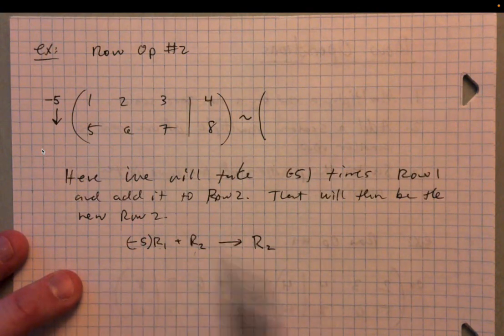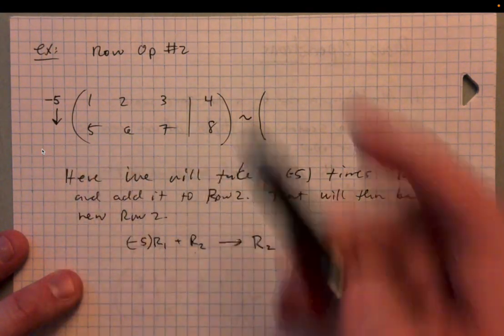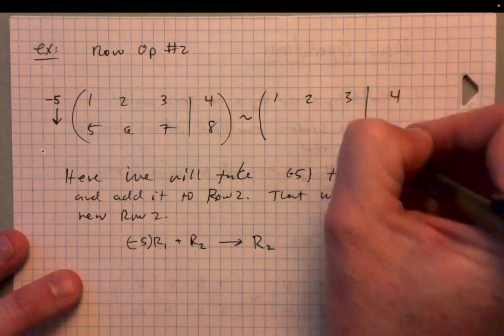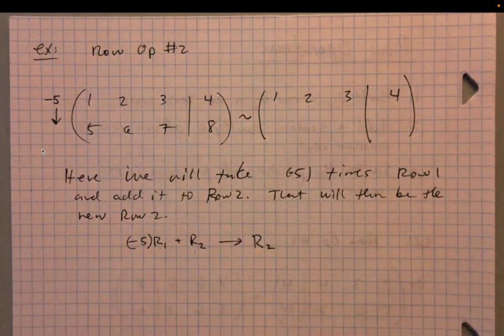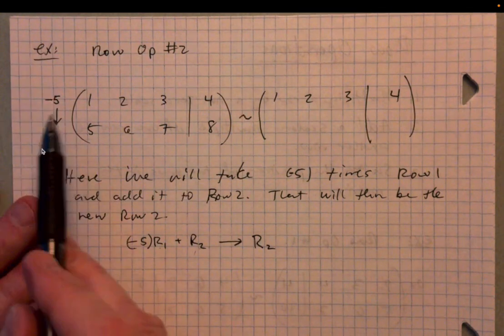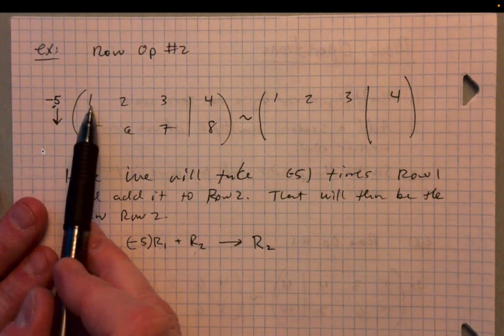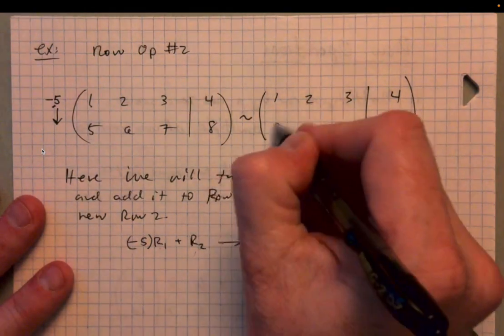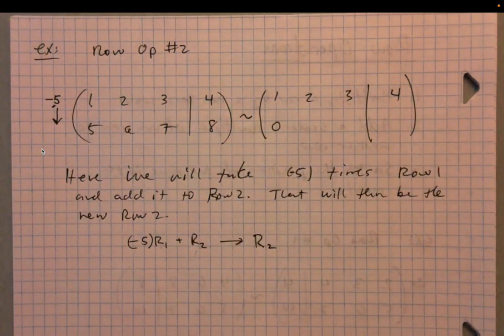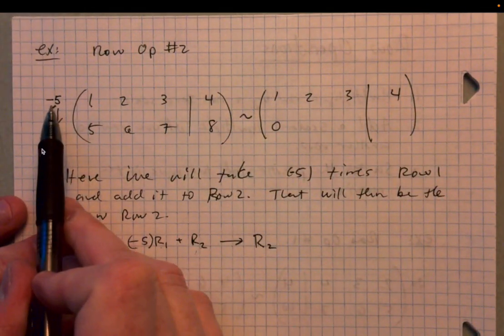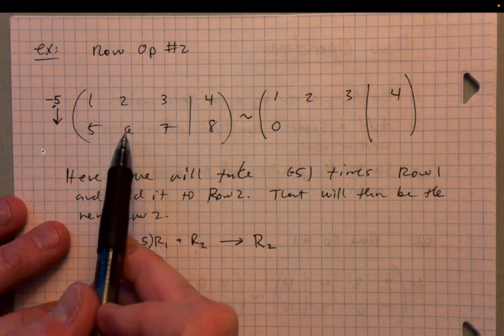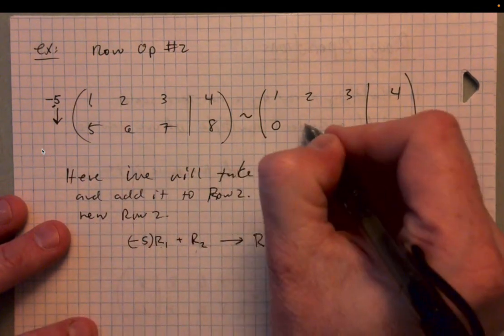With this row operation, the only row that's going to change is row 2. So 1, 2, 3, 4 stays the same. We have to replace row 2. Here's how it's going to go. -5 times 1 is -5, plus 5 is 0. -5 times 2 is -10, plus 6 is -4.